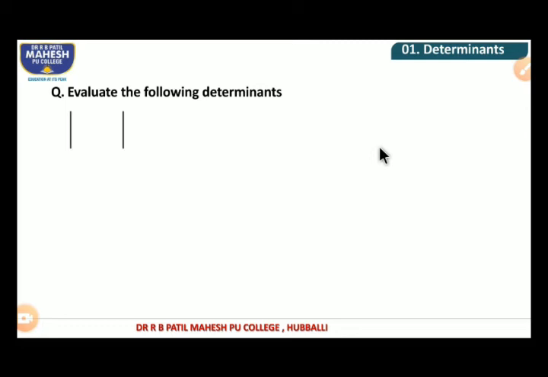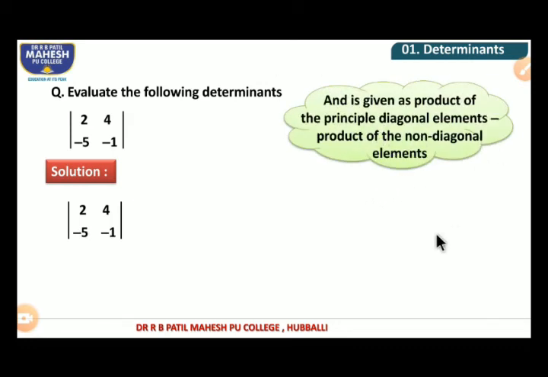Evaluate the following determinant: 2, 4, minus 5, minus 1. Therefore the solution will be the determinant of 2, 4, minus 5, minus 1, which is equal to again the rule here, that is the product of principal diagonal elements minus the product of the non-diagonal elements.